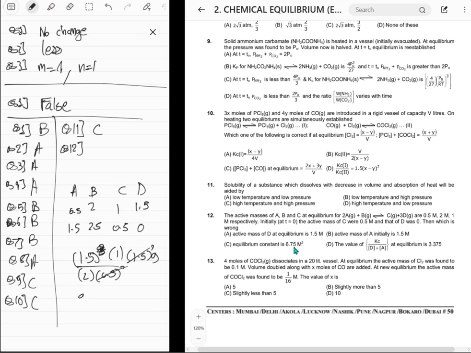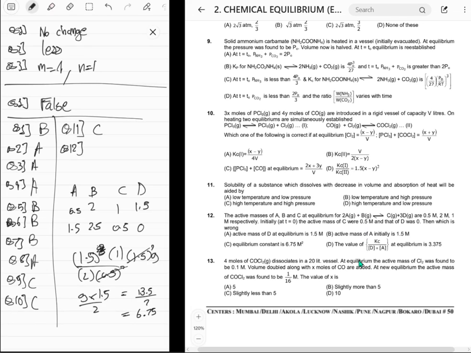So 9 into 1.5 upon 2, which is 9 and 45, that's 13.5 upon 2, which is 6.75. 6.75 is the equilibrium constant. It's molar squared. Look, there's a cube over there, so this cancels. It should just be molar because the delta n is just 1, so it's not molar squared. Okay, that is wrong.